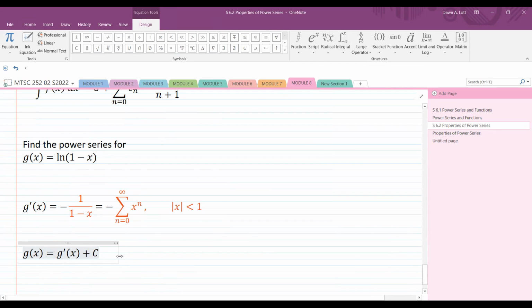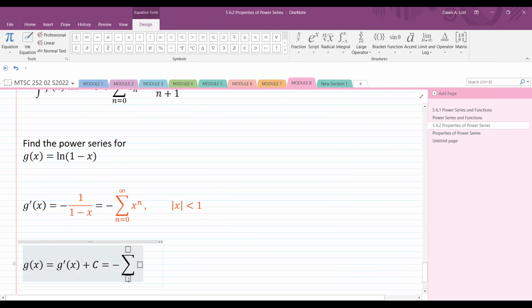So g of x is simply going to be minus the sum n equals 0 to infinity of x to the n plus 1 over n plus 1, because that's the integral.